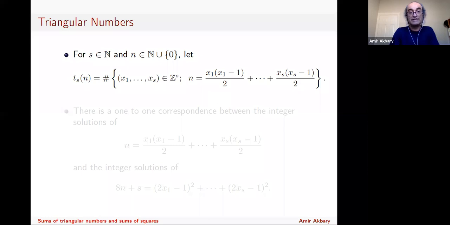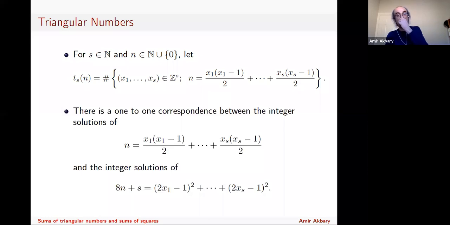Okay, so there is a close relation between this problem and the previous problem, and the relation comes from the following. If you consider this equation, n equal to the sum of these triangular numbers, and you multiply both sides by 8 and add s to it, you get this equation: the sum of 2xi minus 1 squared.